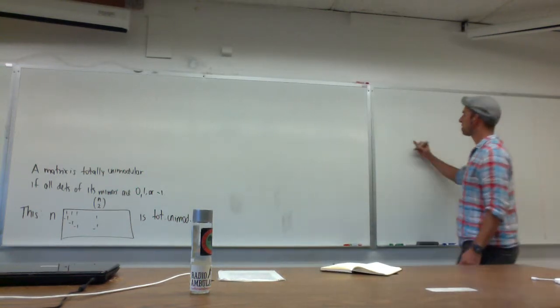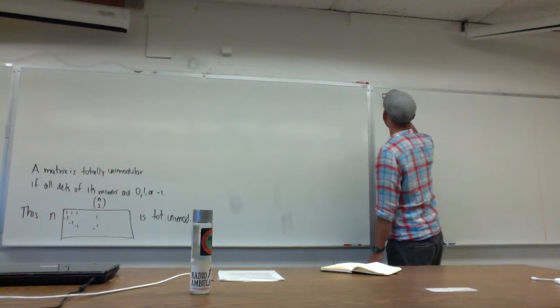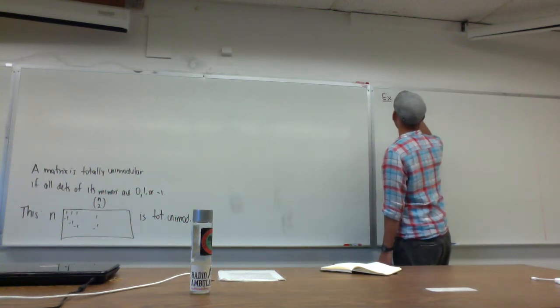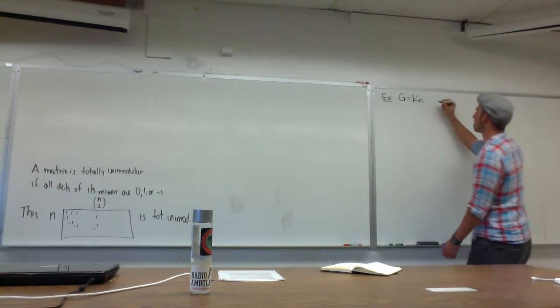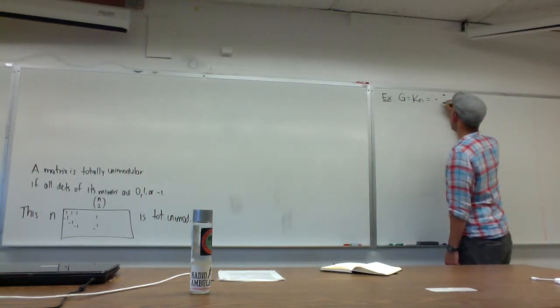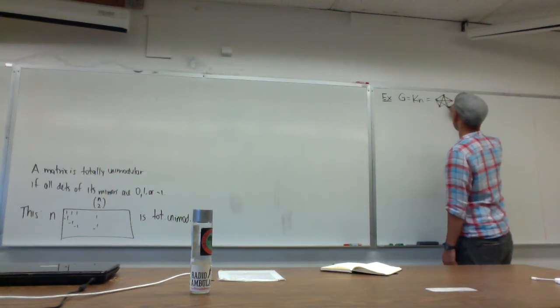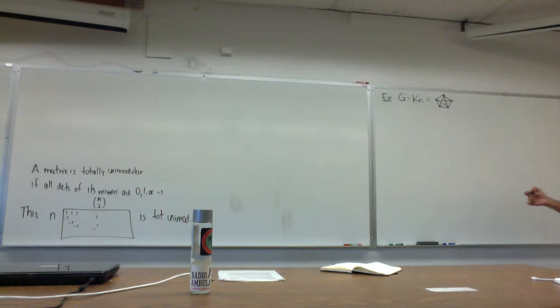So let's consider an example. What if my graph is the complete graph? This is the complete graph, meaning that I have n vertices, and all of them are connected. Every pair is connected by one edge.